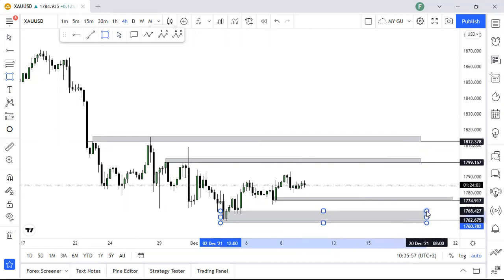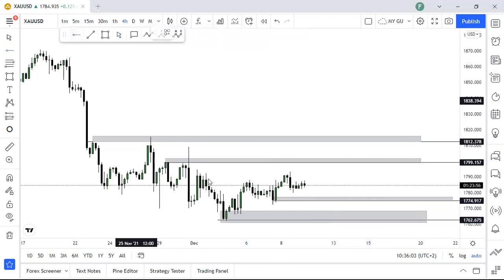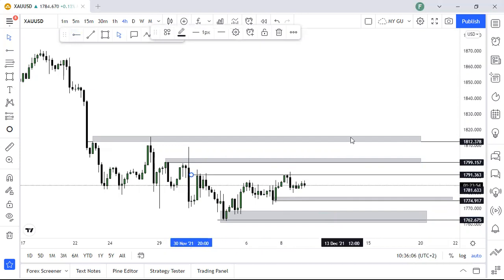You might even want to put another one around this area because there's also a zone here. But as you can see, it becomes too much.